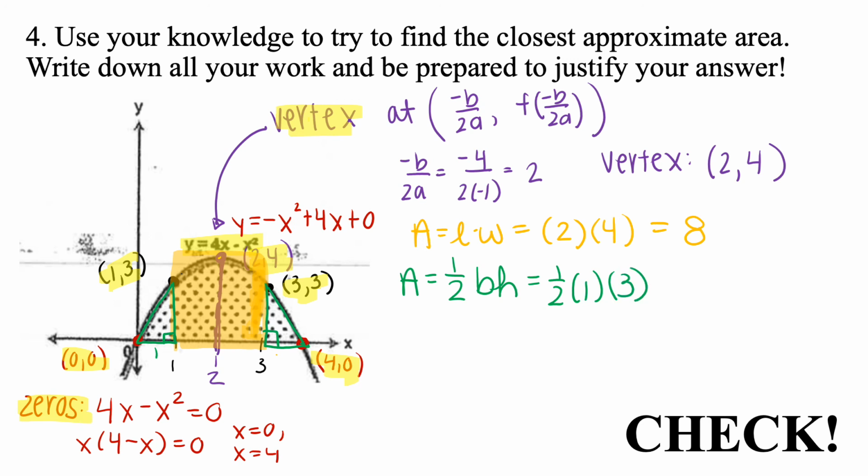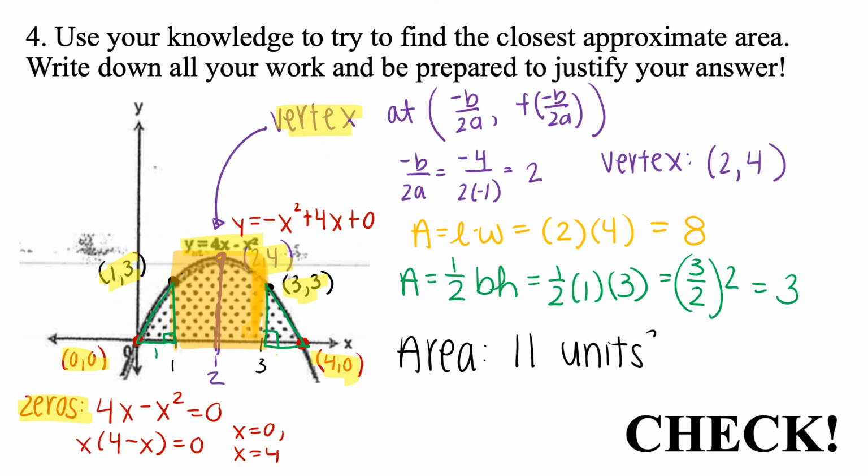So that puts me at 3/2, and I have 2 of them. So my total approximate area, the way I found it, would be 8 plus 3, or 11 units squared. So maybe you did it a different way than me. That would be how I would find the approximation.